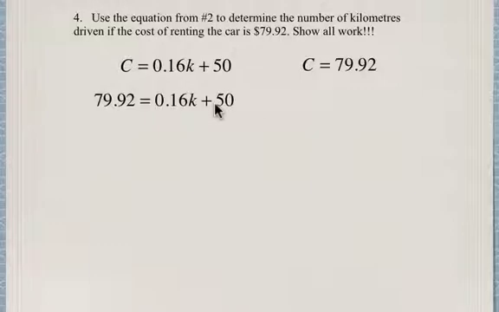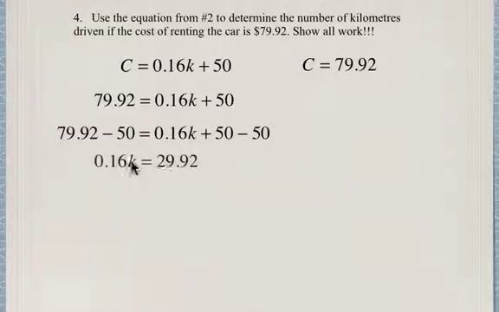Now what we've got to do is solve for K. And remember that the first thing we've got to do to get K by itself, and we use SAMDEB, or BEDMAS backwards, is subtract 50 from both sides. So when we subtract 50 from both sides, we get 0.16K equals 29.92.